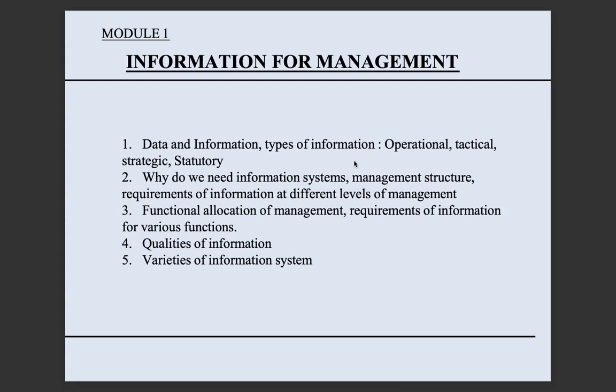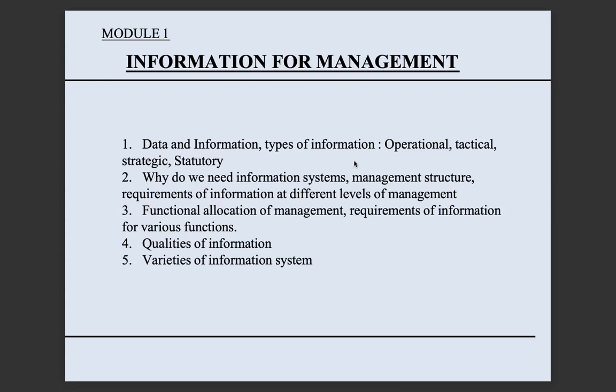As the second point, we will discuss why we need an information system, the management structure, and the requirements of information at different levels of management. I'll skip this slide because you can read it yourselves. These are the things we are going to cover during this entire lecture.